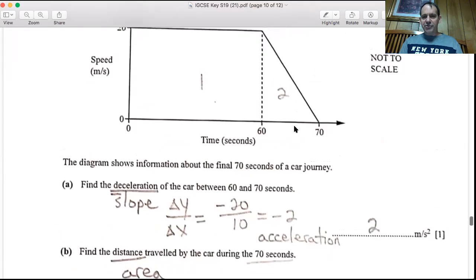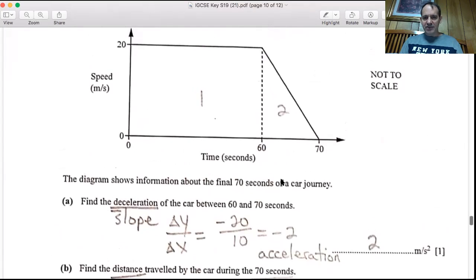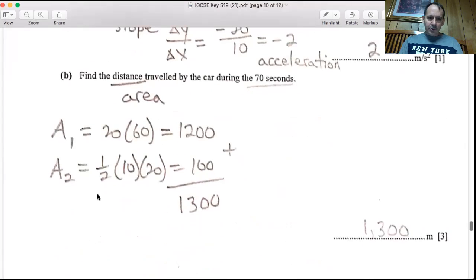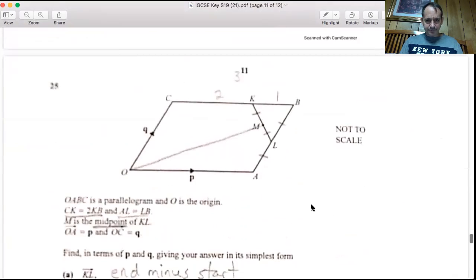Then for the area of the triangle, remember triangle is half base times height. So 1/2, the base is only 10, the height is 20. So 1/2 of 10 times 20 is 5 times 20 is 100. You add those up, you get 1,300 meters is your distance traveled.